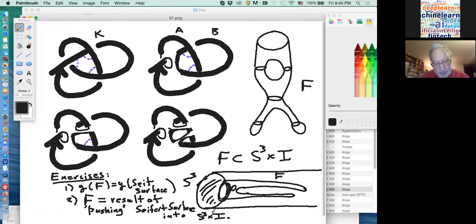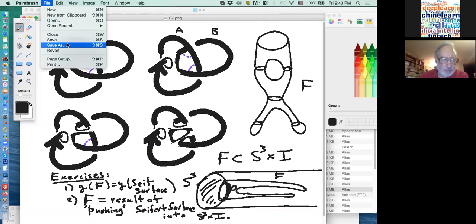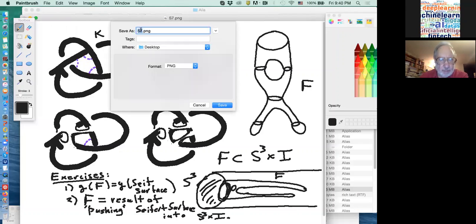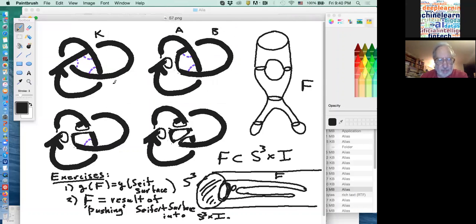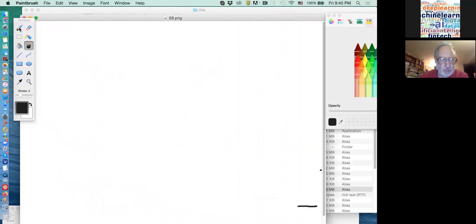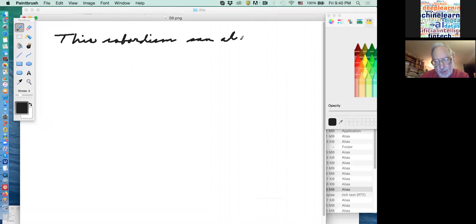But the beauty of this construction is the following: that this cobordism construction can always be done for virtuals.